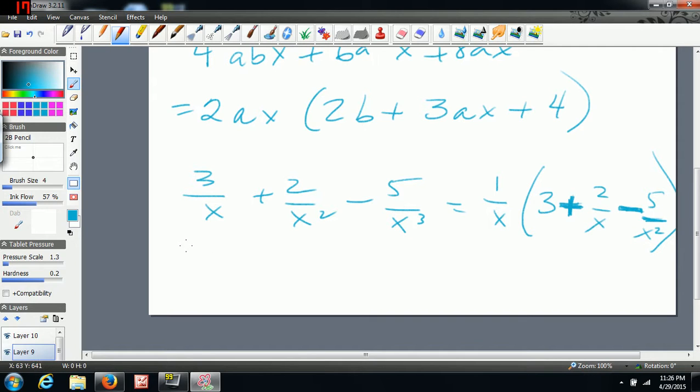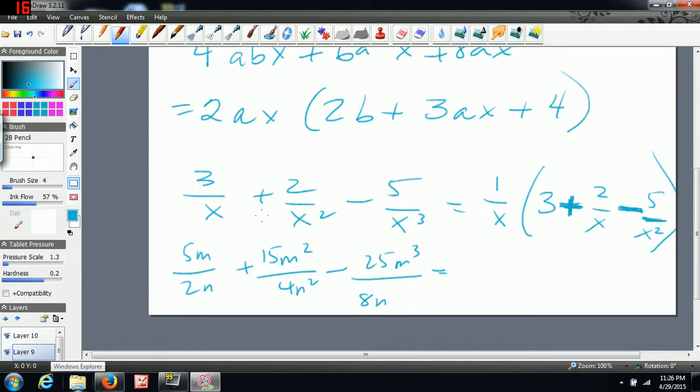So if we have 5m over 2n plus 15m squared over 4n squared minus 25m cubed over 8n. If we want to factor something like this, the biggest thing we could factor from the top would be 5m, and the biggest one from the bottom would be 2n.